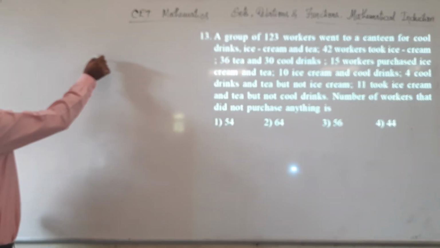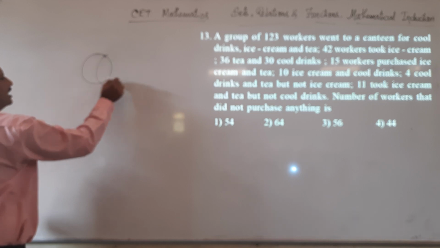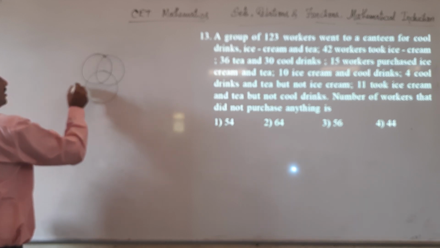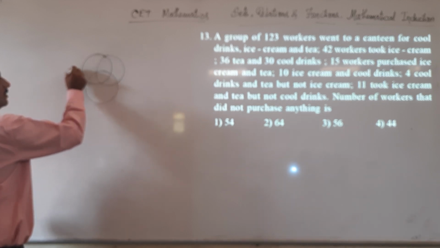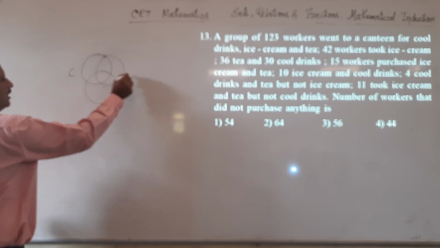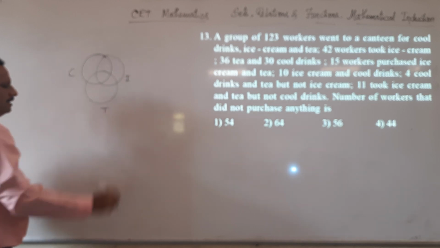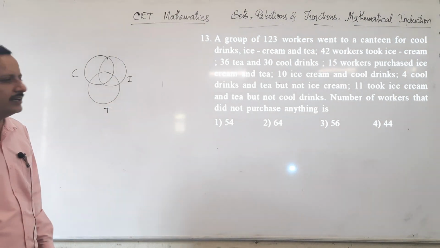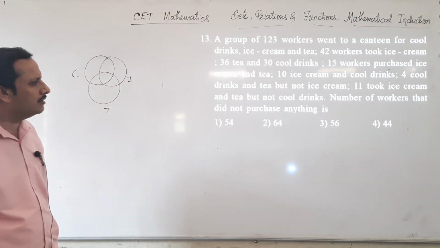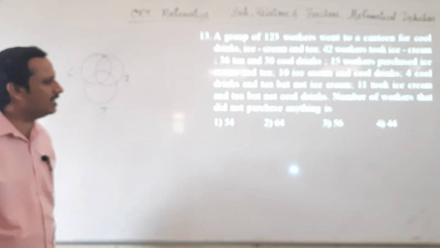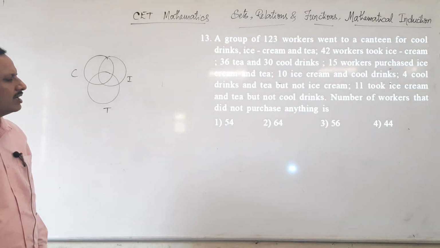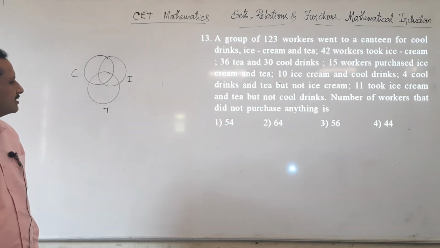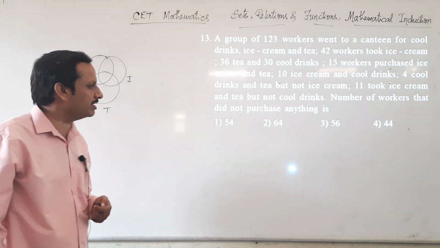Okay, so let me draw another Venn diagram here. So I'll call this cold drinks, ice cream and tea. Look here, 11 took ice cream and tea but not cold drinks. Ice cream and tea, not a good combination actually.